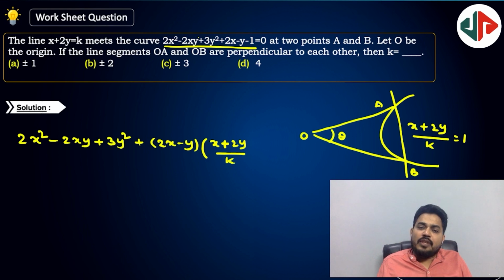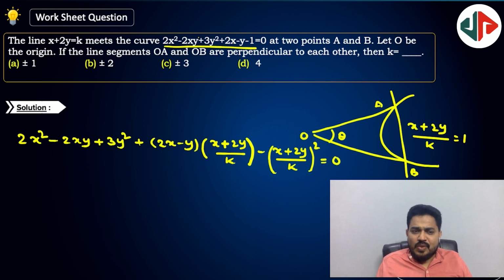So now this total equation becomes second degree. Minus 1 into 1 only there, so I need to make it second degree. So in this case, instead of 1 I will write this equation only, but I am looking for the second degree equation: x plus 2y by k whole square is equal to 0.